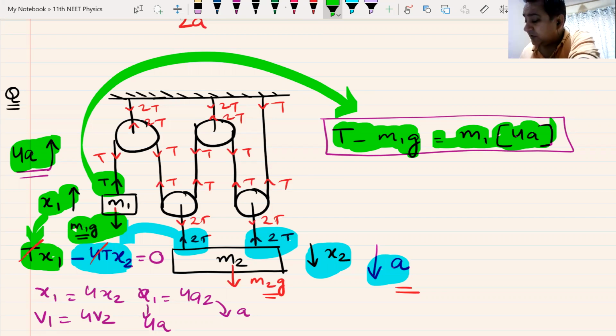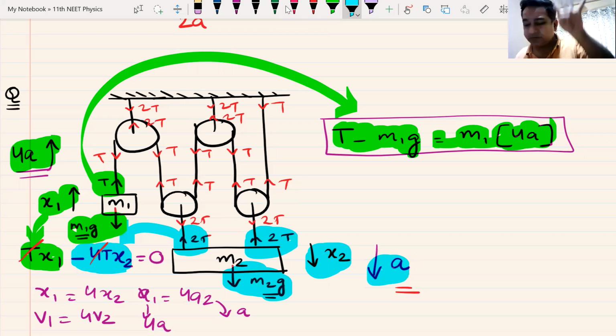If we have understood this, what will be the equation of the second block? M2G is downwards, 4T is upwards, and it is accelerating downwards. What will be the equation for this block?